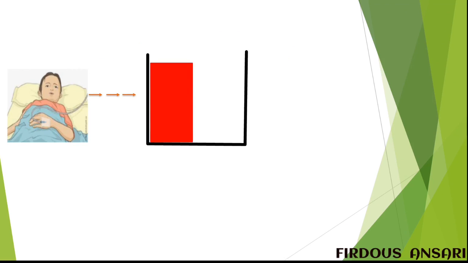Suppose this is a patient, and we are trying to equilibrate the patient's blood with a fluid, and the name of this fluid is the dialysis fluid, across a dialysis membrane. So waste metabolite from the patient's blood is diffused into the dialysis fluid.